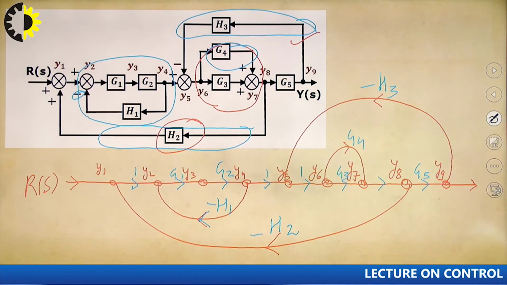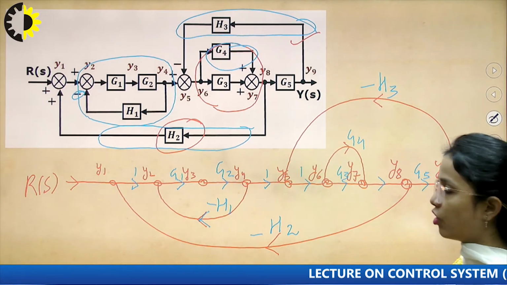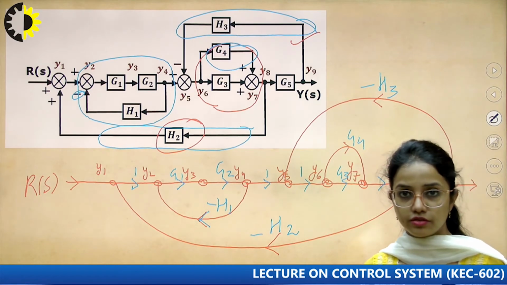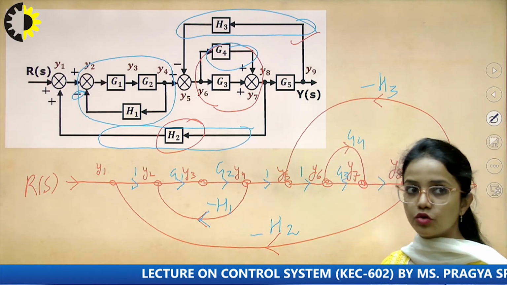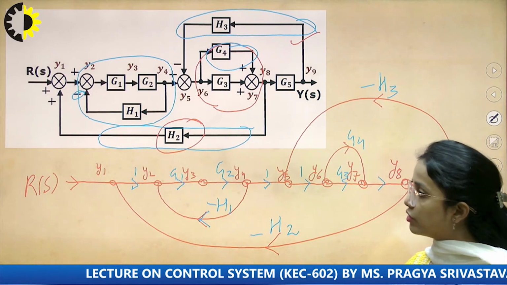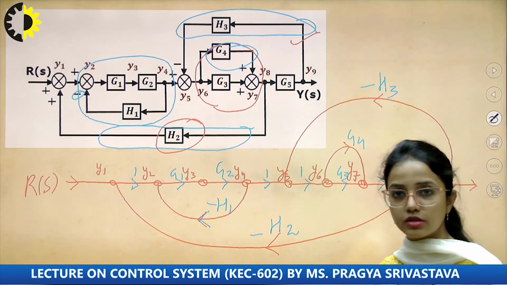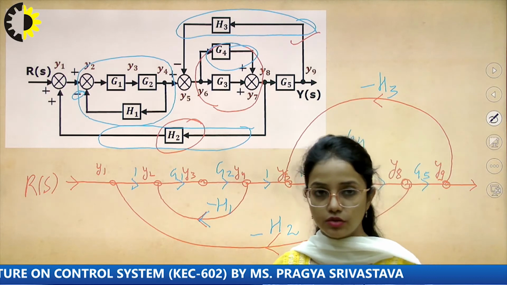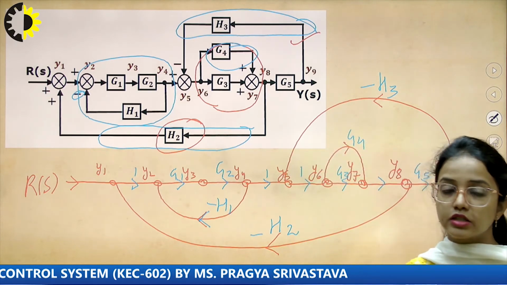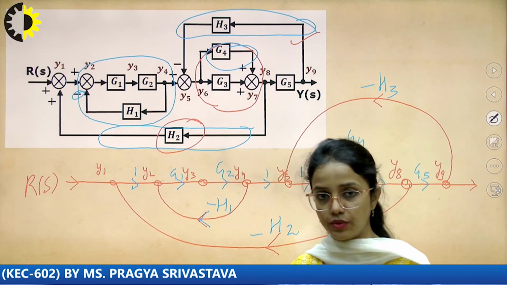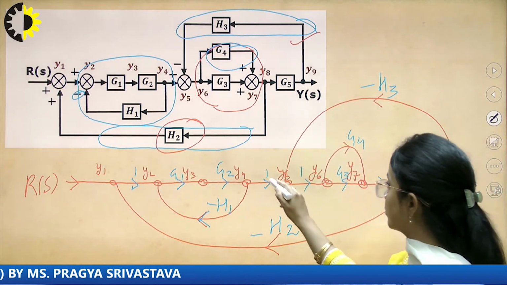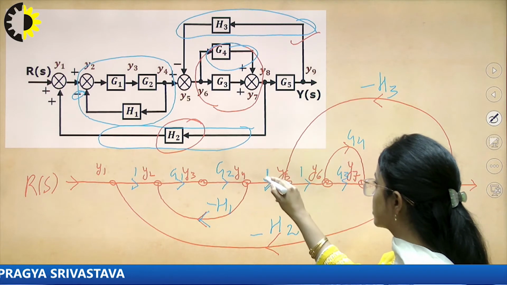So this is a simple conversion of a block diagram to a signal flow graph. Once again I'll tell you, first of all we'll make all the nodes. After making all the nodes, we will write the corresponding path gain just above the arrow. Wherever we are making the arrow, on the top of it we'll write the corresponding gain.